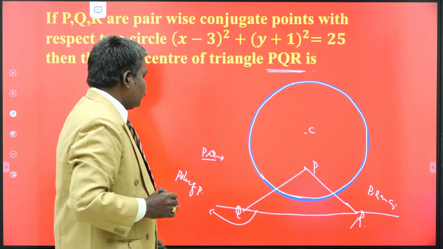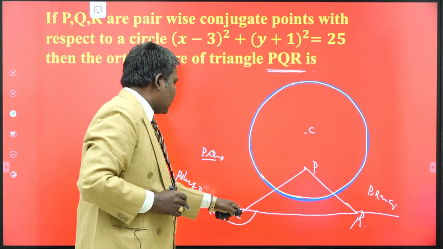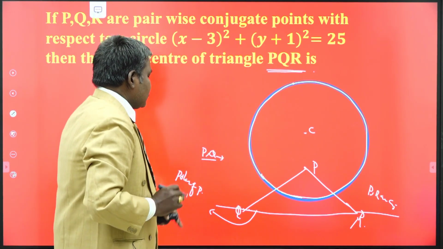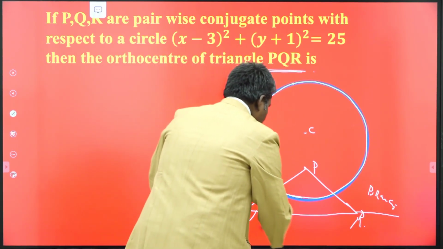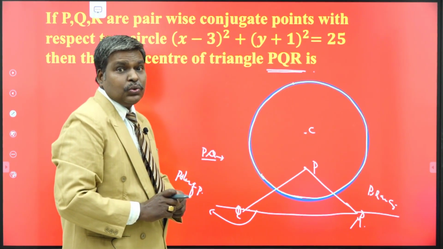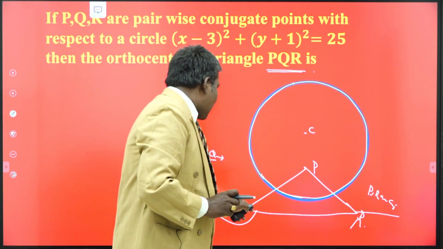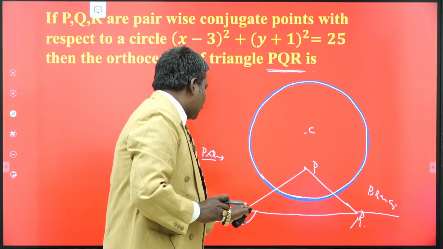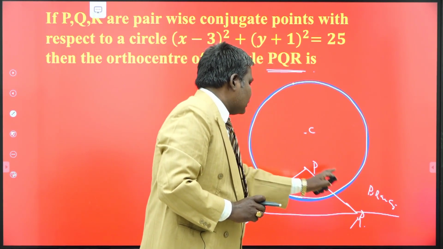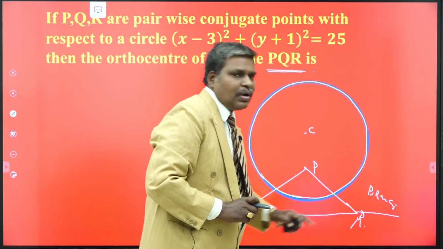Now, the polar of P passing through Q means immediately the polar of Q passes through P. Now, my question is, are Q and R conjugate or not? Yes, these are conjugate because the polar of P passes through Q, then the polar of Q passes through P. The polar of R passes through P, then the polar of P passes through R.